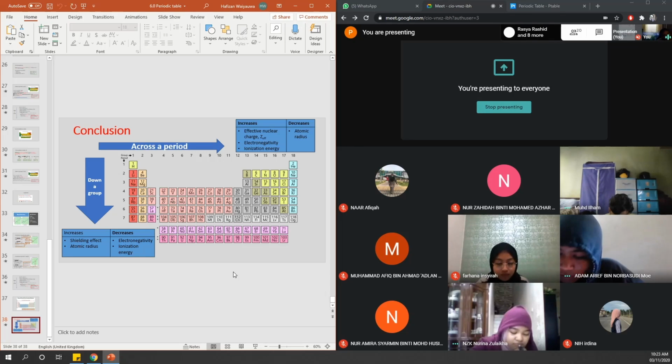So, electronegativity dia bertambah. You're using the same thing to explain different things multiple times in this topic. Topik ni lebih banyak kena tulis. Like topik lepas kita tulis sikit, just kena faham banyak kan. This one you hafal tak apa, faham even better.